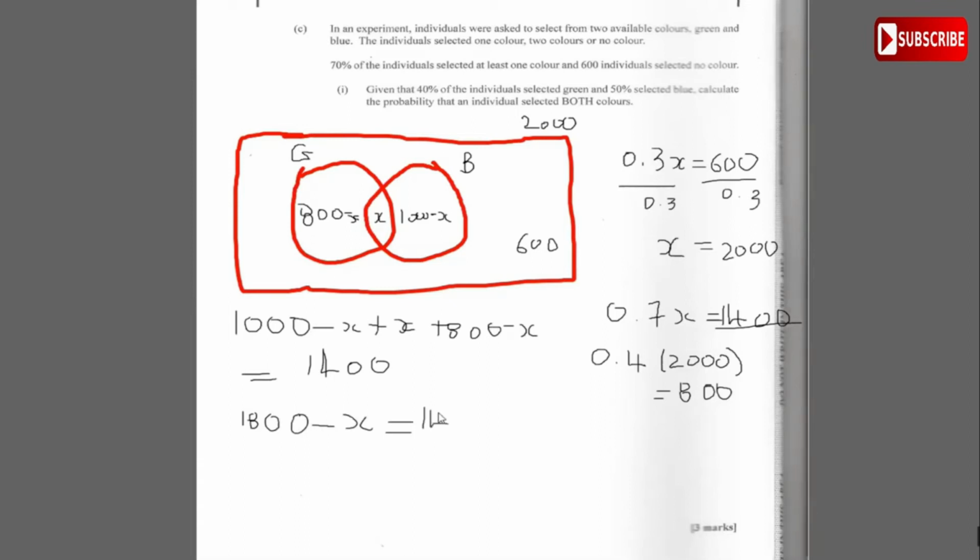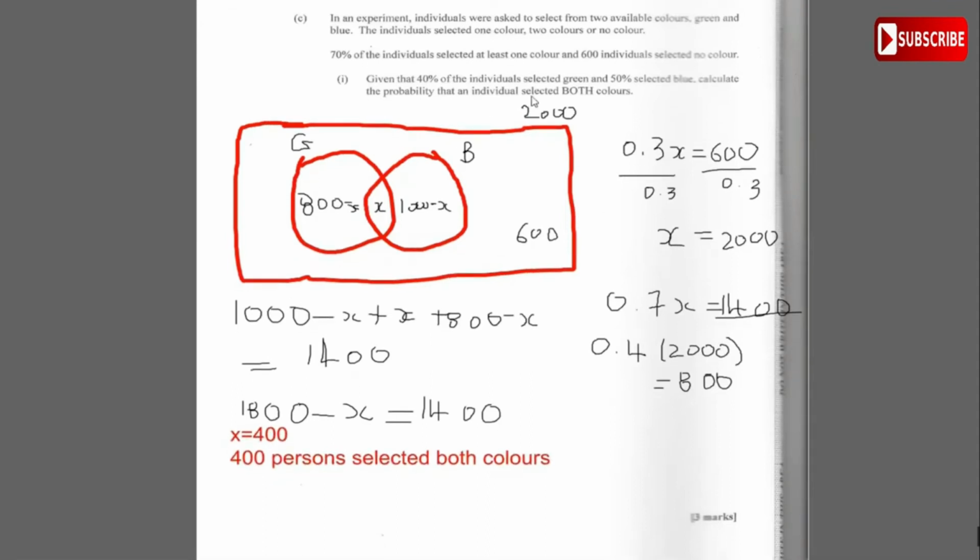So X equals 400. X being 400 implies that 400 persons selected both colors. So now that we have figured out all of the information, let's attempt the rest of the question. It says calculate the probability that an individual selected both colors.